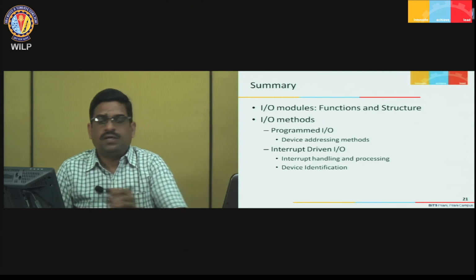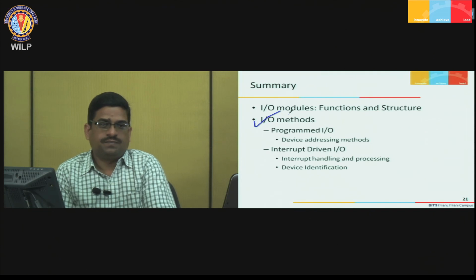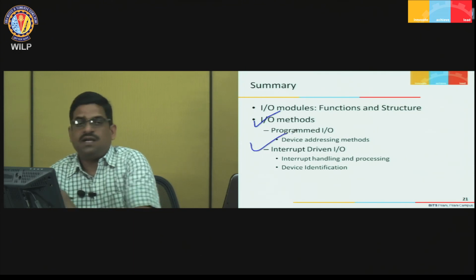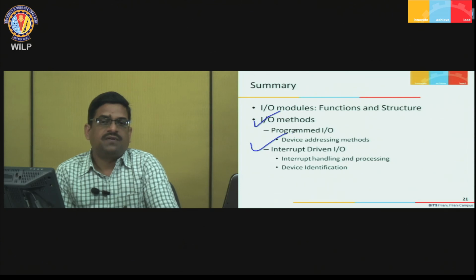Programmed I/O, in which we talked about two types of addressing mechanism: memory mapped I/O and isolated I/O; and interrupt driven I/O. In this, we discussed interrupt handling and processing, and for device identification we talked about the methods of software polling, hardware polling, etc.